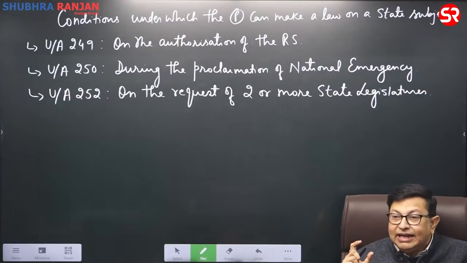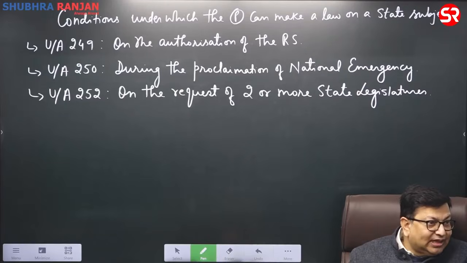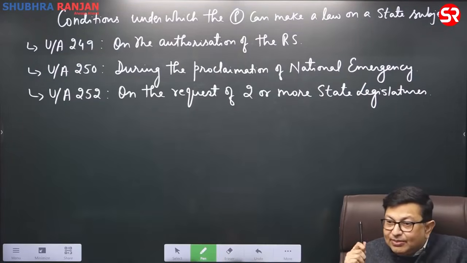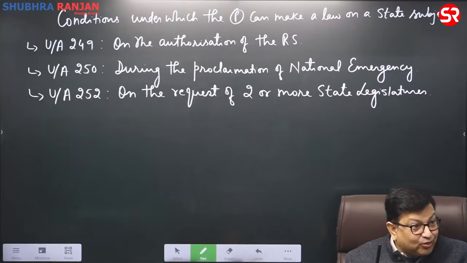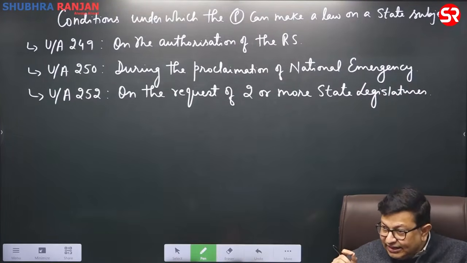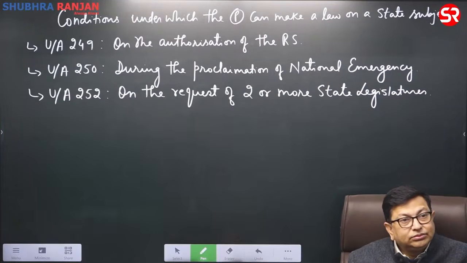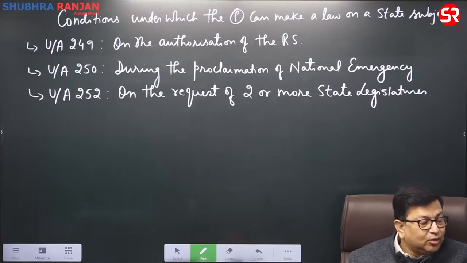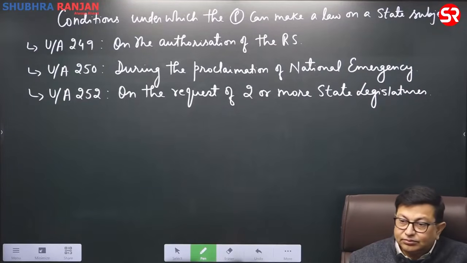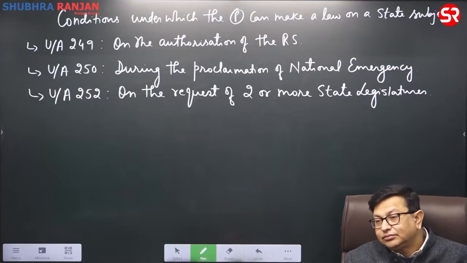Valid here will mean binding on the states who have requested for it. So it shall be binding only on the states who have requested for it. Full stop. The other states may also implement the law.